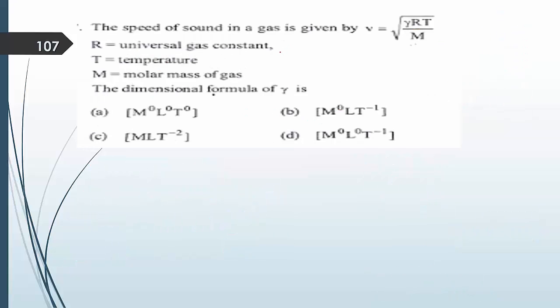Question number 107. The speed of sound in a gas is given by V equal to root of gamma RT divided by M. R is universal gas constant, T is temperature, M is molar mass of gas. Then the dimensional formula for gamma is, yes, what is gamma? See here, gamma is the ratio of specific heat capacities.